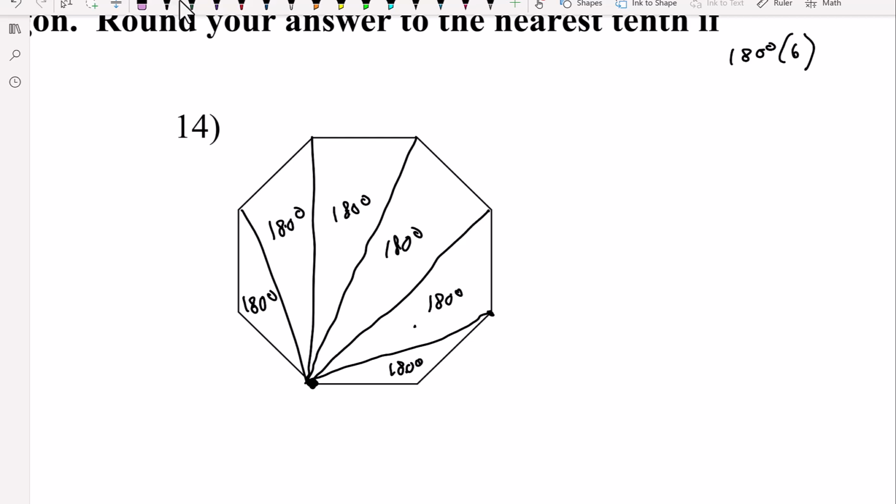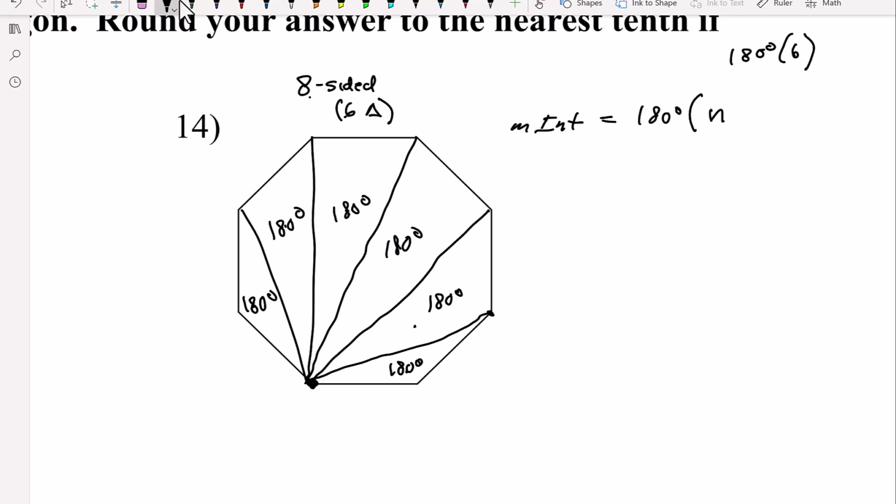So the measure of the interior sum is 180 degrees times the number of triangles, right? Well, there's 6 of them. Wait a second. This is an 8-sided shape, and it forms 6 triangles. Well, 6 is 2 less than 8, and that's what the formula is.